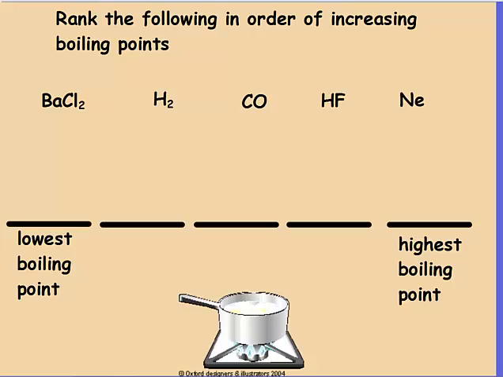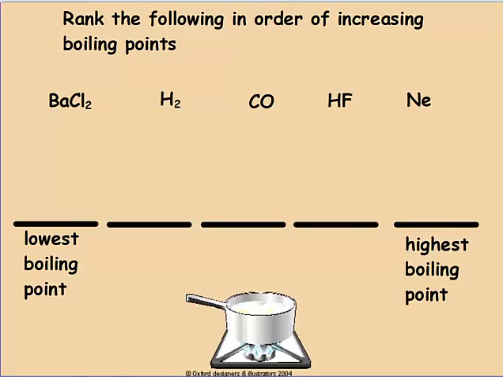Go ahead and pause the video and rank these in order of increasing boiling points. So what you have to do is first figure out which type of intermolecular force is in each of these. We have ionic.